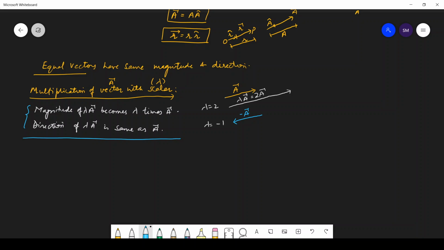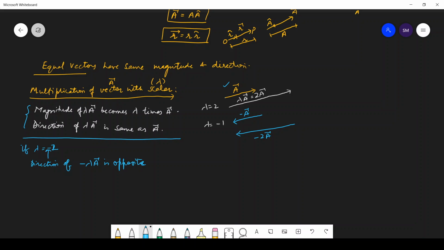If lambda is negative, the direction is opposite. If it is, suppose, minus 2, then this was your A, and this is minus 2A. As the negative sign is there, the direction of minus lambda A is opposite.